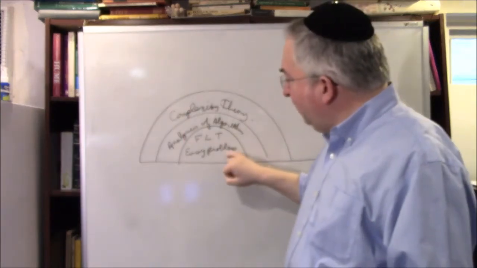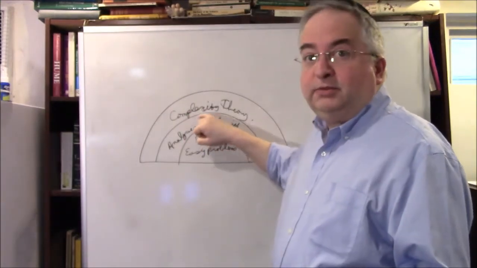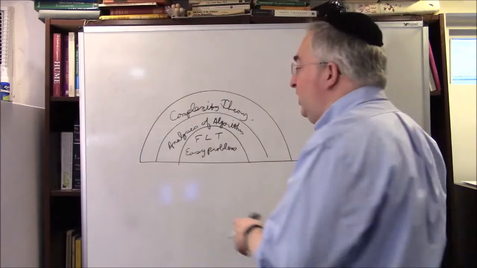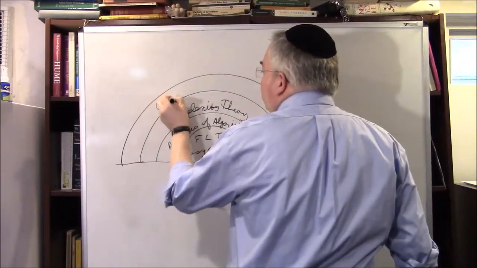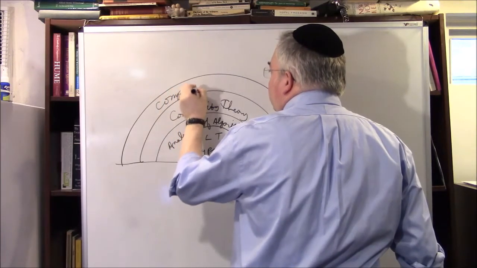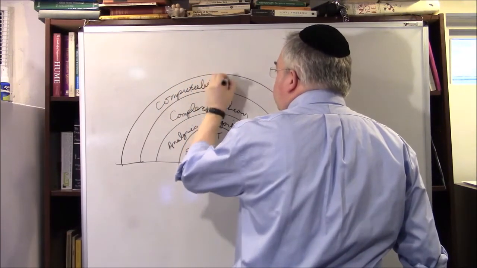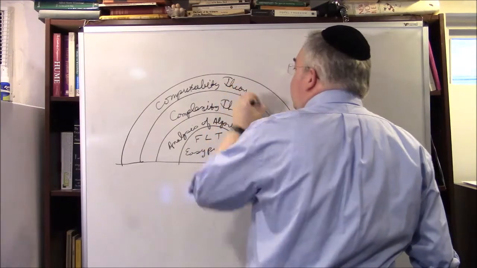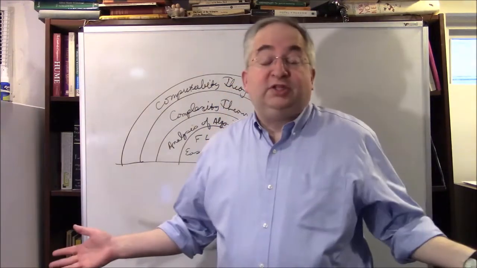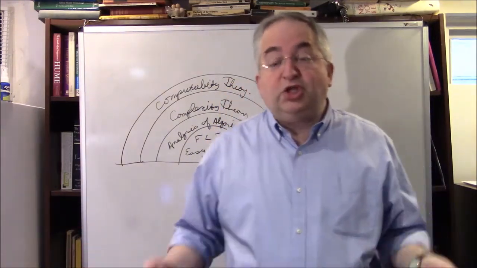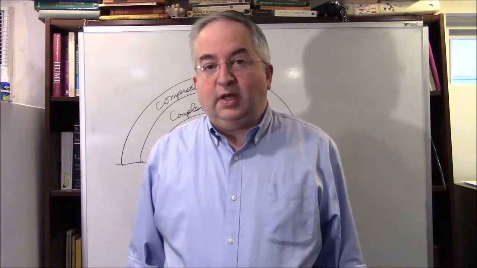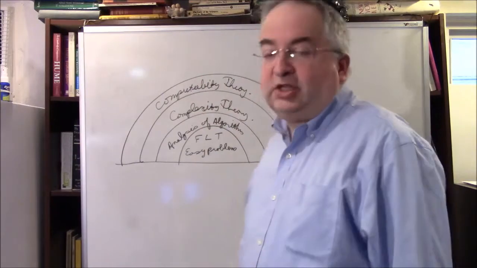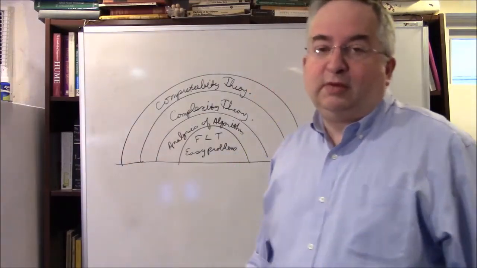So again, easy problems, regular problems, hard problems, and then up here, even harder, we have computability theory, namely problems that a computer simply can't solve. They're so hard that a computer simply cannot solve them ever. So that's some type of hierarchy of the types of problems we'll see.